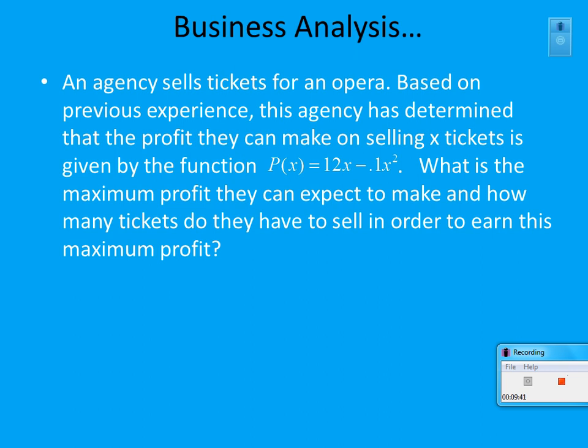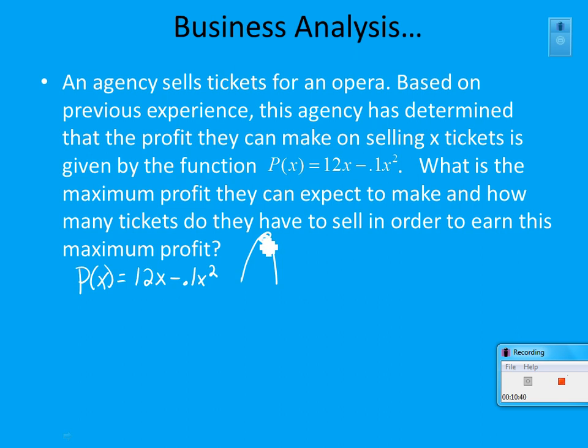Well, here's all we're going to do. My profit equation, which they're giving me, is 12x minus 0.1x squared. And they're asking you to maximize the profit. So think about this. This thing would be a parabola opening downward. So it's going to have a maximum.